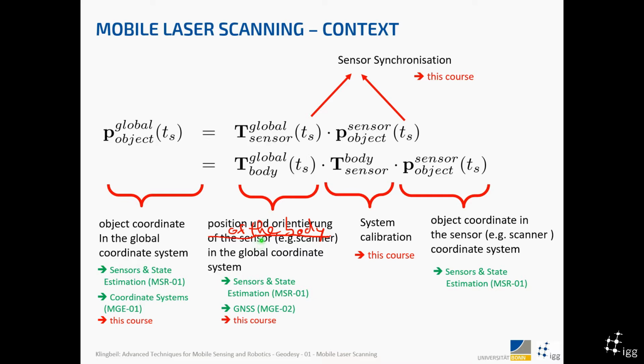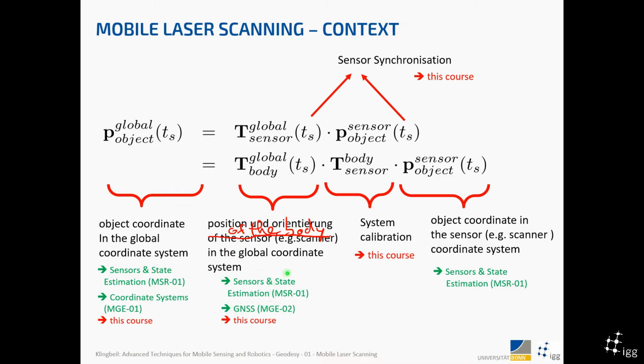Then this is the position and orientation of the body in the global coordinate system, and this is something that we did intensively in the last semester. So the sensor and state estimation was mainly about how to derive the position and orientation of a vehicle in the global coordinate system. We will repeat that a little bit in the next lecture next week.